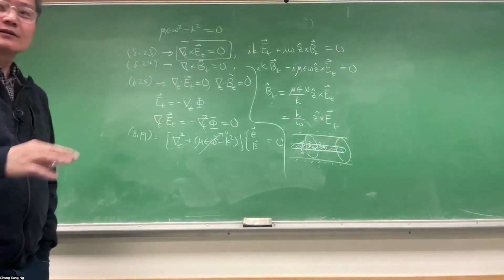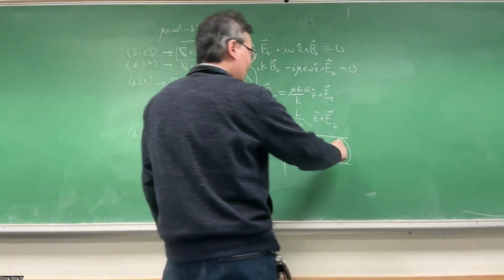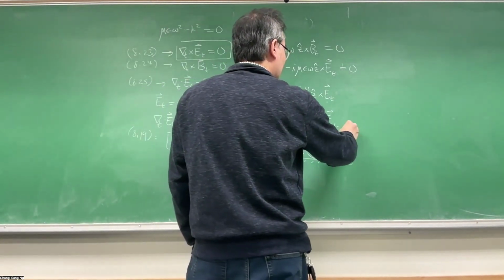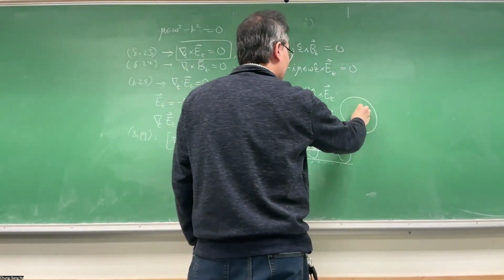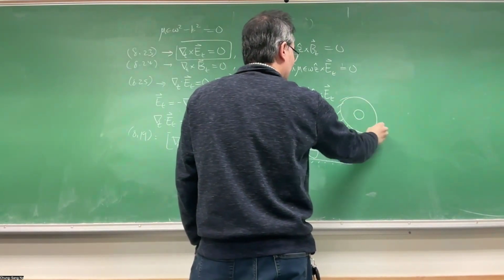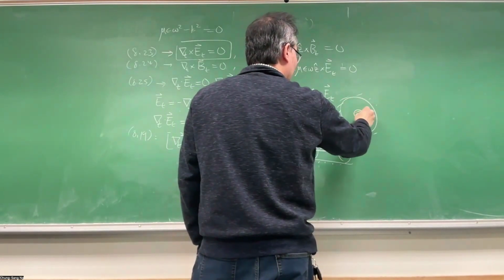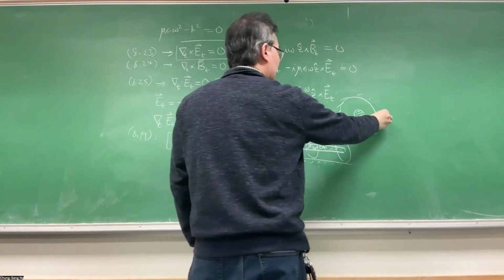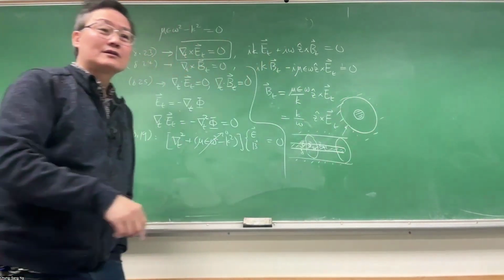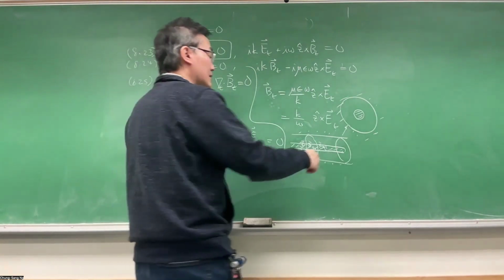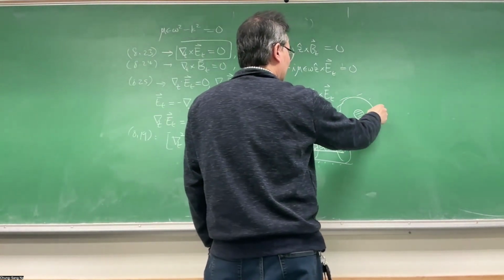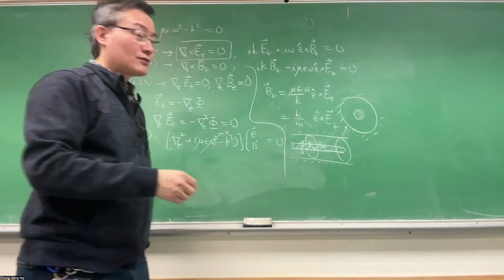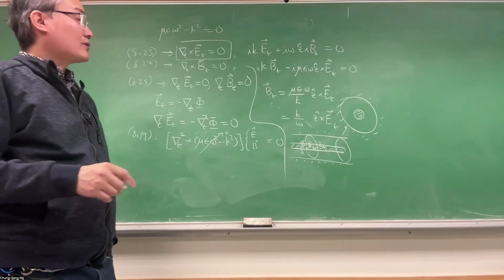So now the cross section becomes a conductor outside and then a conductor inside, and then you can support the TEM mode. This is like the geometry of a coaxial cable.